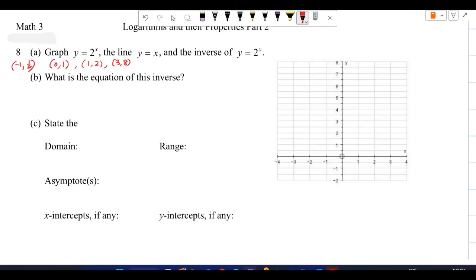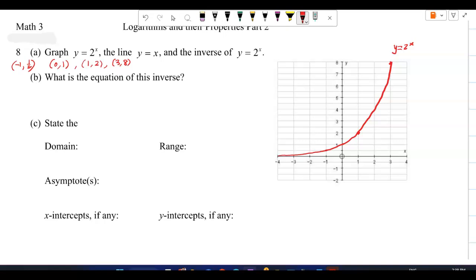So -1 and half. Then 0, 1. Then 1, 2. Then 3, 8. This is your y is equal to 2 raised to x.